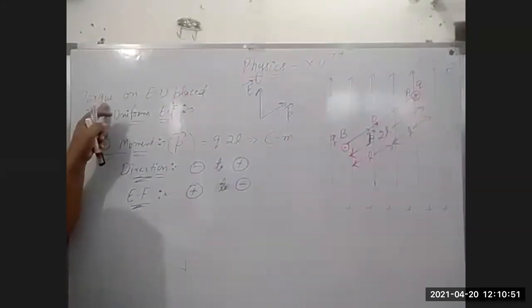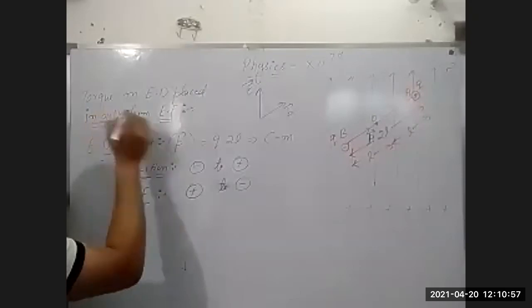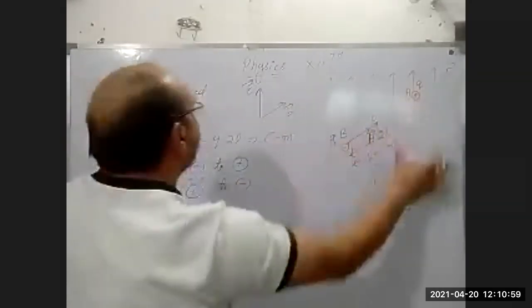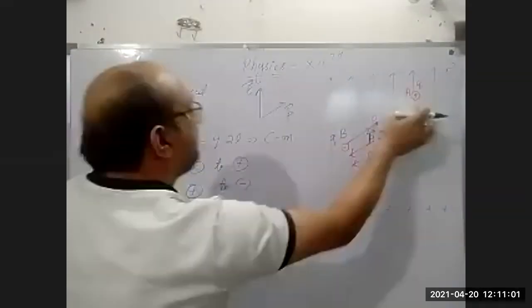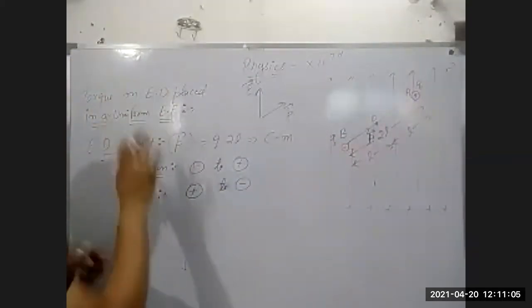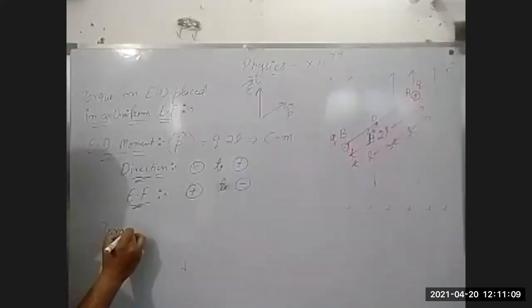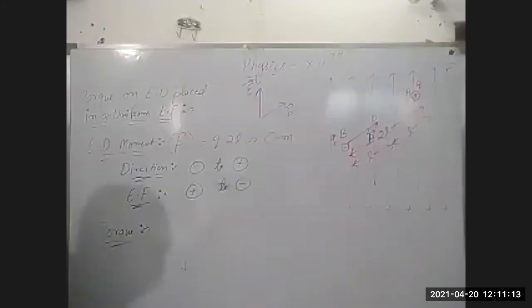Now, come to the point. Torque on an electric dipole placed in a uniform electric field. This is the uniform electric field, this is the electric dipole, and now you have to calculate torque. What is torque? What is the meaning of torque?